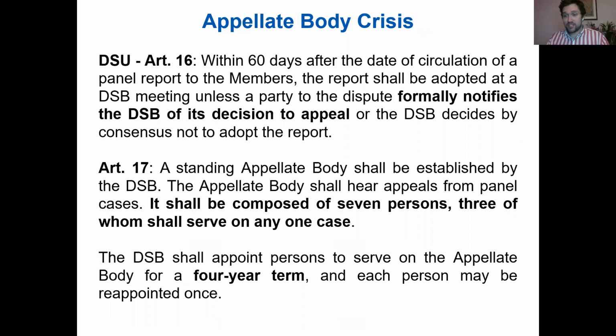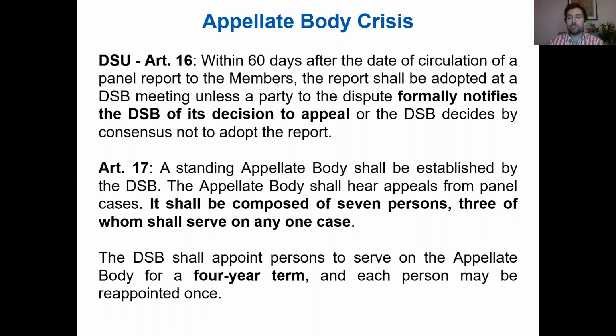And as we've said, the appellate body is currently in crisis, and it is a big disadvantage because it results in some negative consequences for those decisions rendered by the panel. You may see that under Article 16, parties may formally notify the DSB of their decision to appeal, and then the report of the panel does not actually come into effect because it cannot be adopted before the appellate body issues the decision, and currently there is no appellate body formed within the WTO.